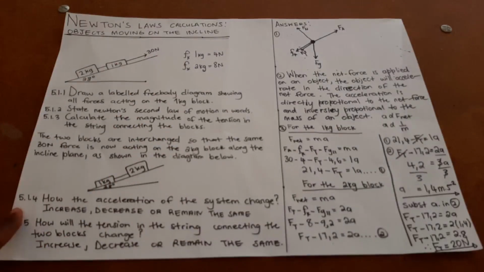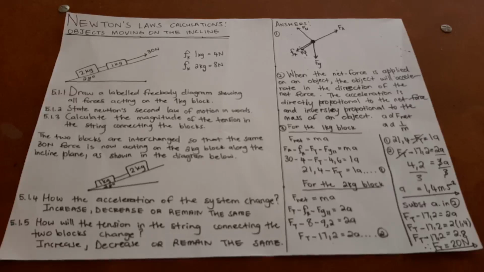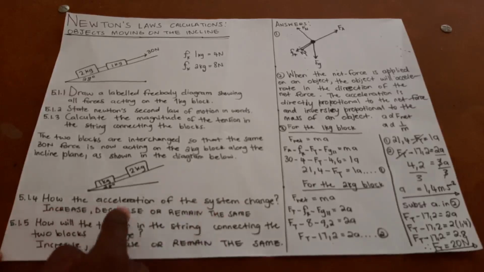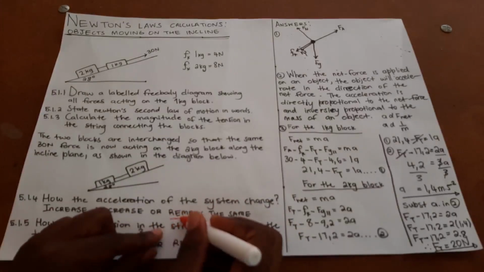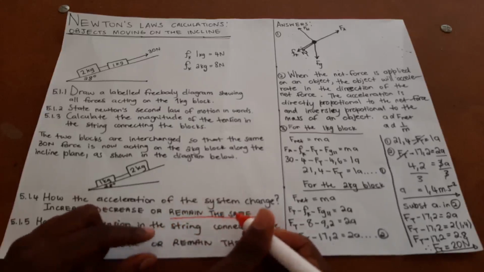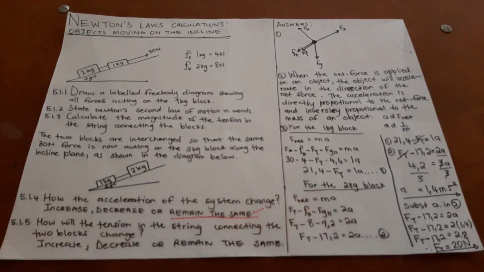The question 5.1.4 asks how the acceleration of the system will change. You have to choose from increase, decrease, or remain the same, meaning that the acceleration will remain the same.